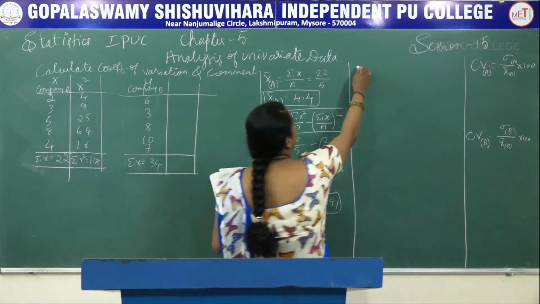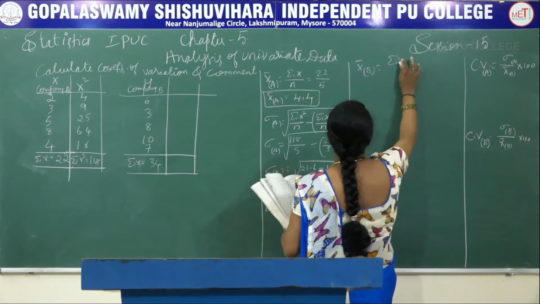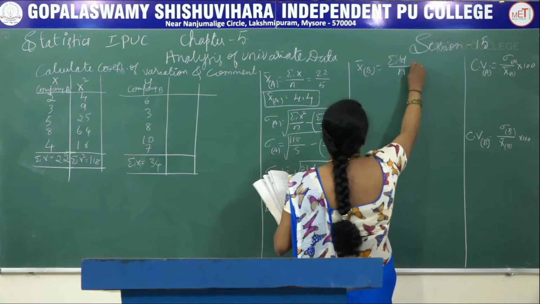And here X bar of company B is equal to summation of Y divided by N.